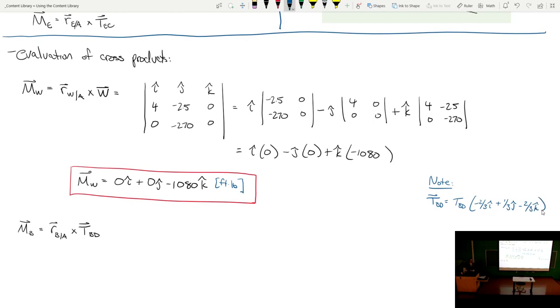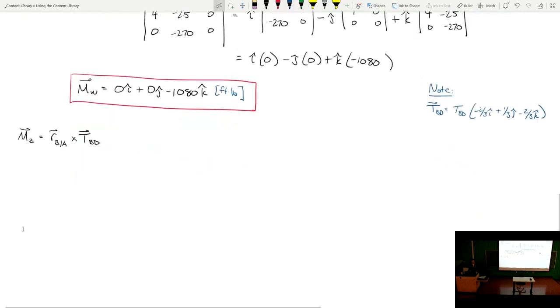So let me show you how I'm going to do this. Let me scroll down a little bit. The first thing I'm going to do is write out my R vector and write out my coefficients.